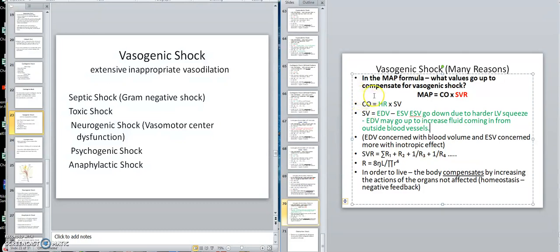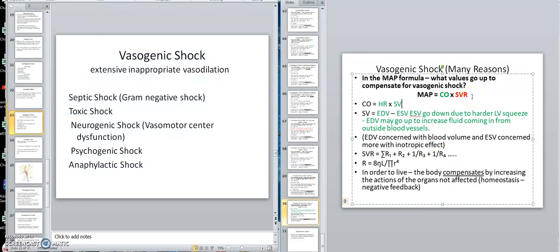So we said that we definitely can increase cardiac output because we could increase this, which would increase this. So I'll put that green. The heart would try to compensate. CO, let's make that green, would try to compensate for SVR going down.